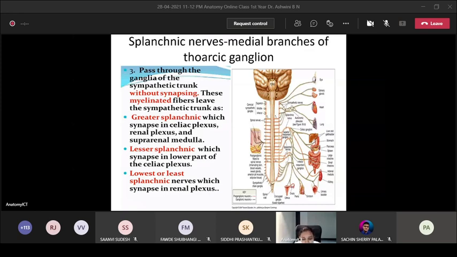The sympathetic trunk is related with sympathetic activity, whereas the vagus nerve is related with parasympathetic activity. This is about the nerves of the thorax. So if you have any difficulty or doubts, you can ask.